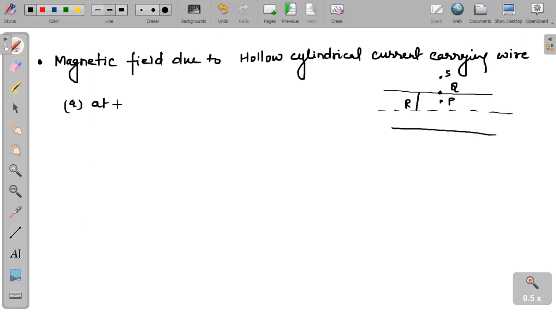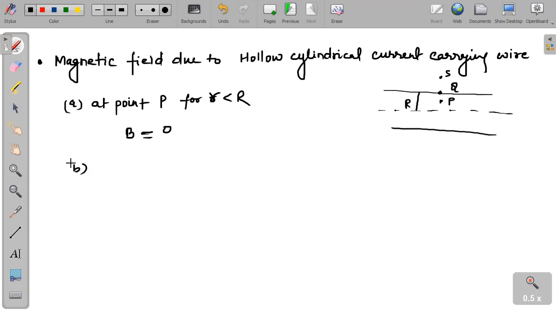At point P, for r less than capital R. Now this time B is going to look like 0.